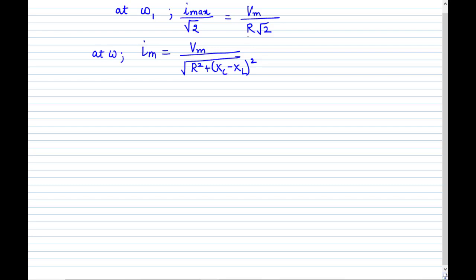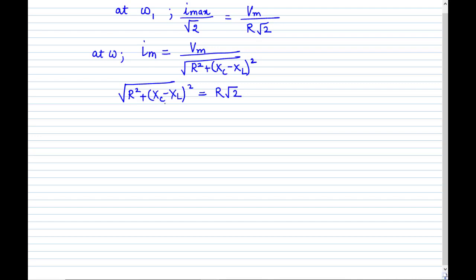To compare these two, this impedance should be equal to this one. This is very simple, just have a look at it. Look carefully and you will be able to solve it very easily. This is at any frequency and this is at frequency omega 1.